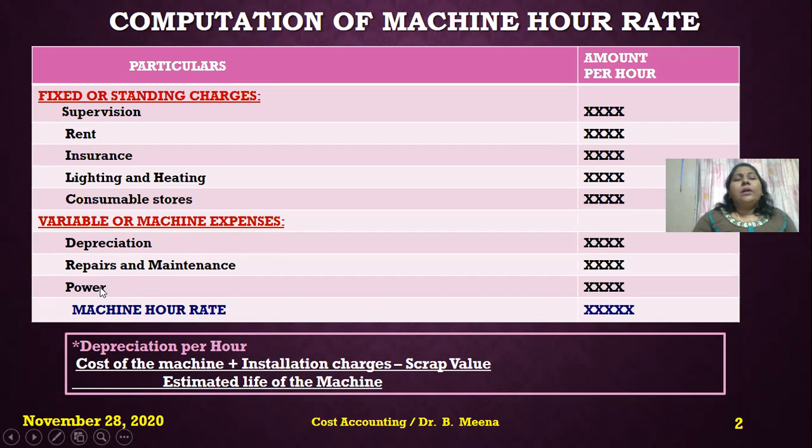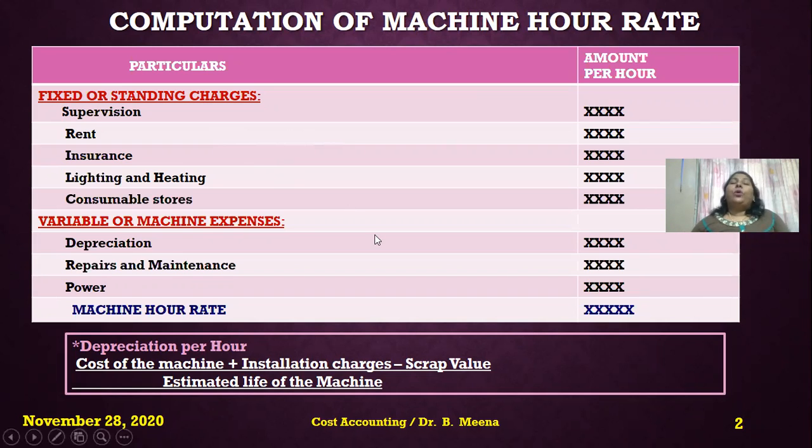If you are looking at a problem where you are going to work out the machine hour rate, you just identify these three expenses to be posted under the category machine expenses. If you see any other expenses apart from these three, you post them under fixed or standing charges. So how to calculate the machine hour rate by following this format?